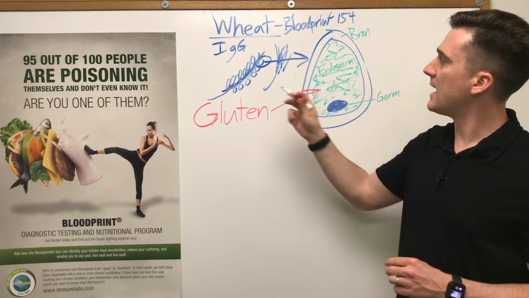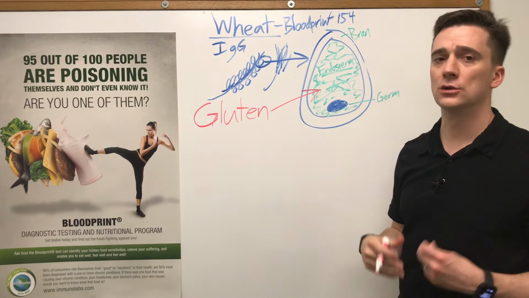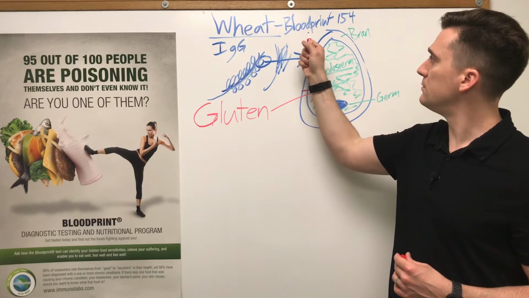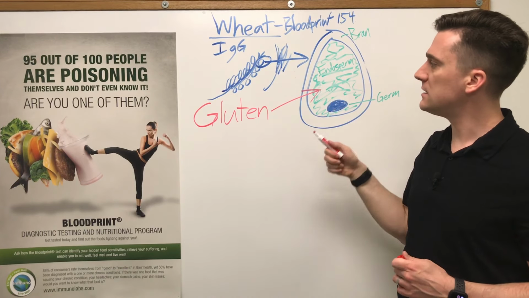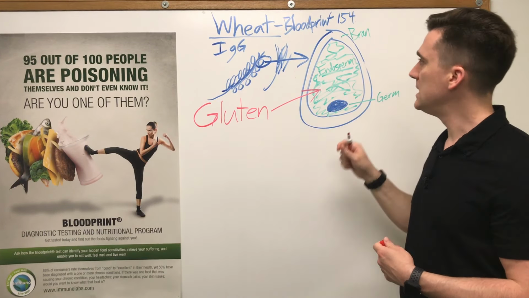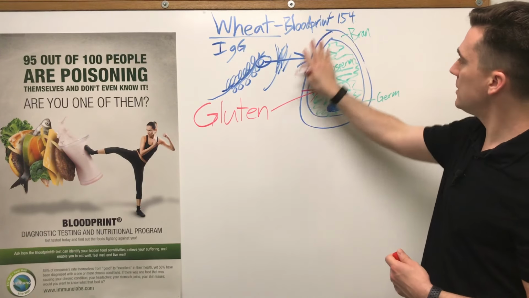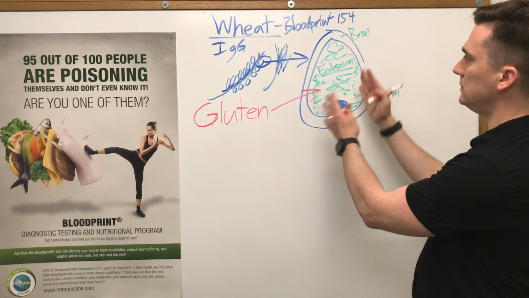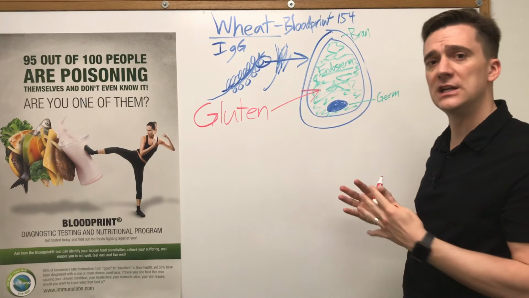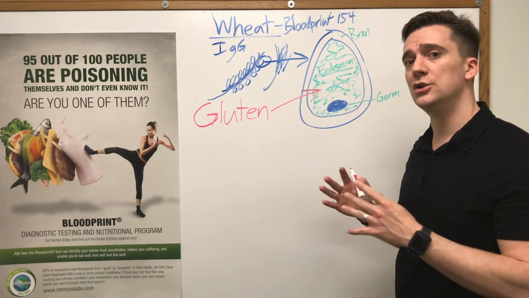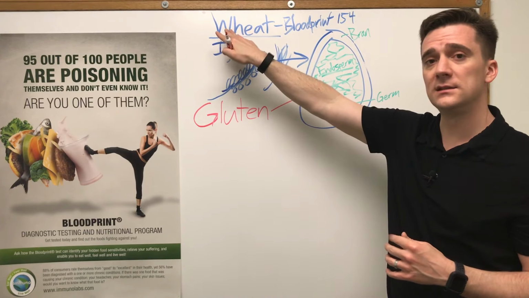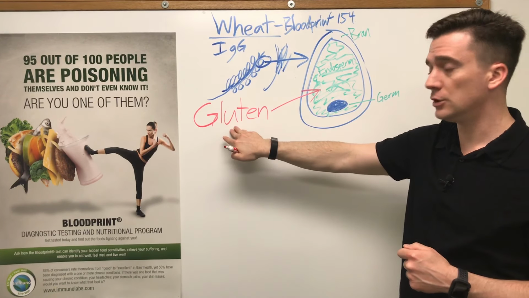So when you come up reactive to wheat or a gluten-containing grain on the Bloodprint test, we can then dive deeper and find out, is it wheat, this entire grain, and all the unique items in it that you have an issue with, or are you coming up reactive to wheat because you have an issue with gluten?